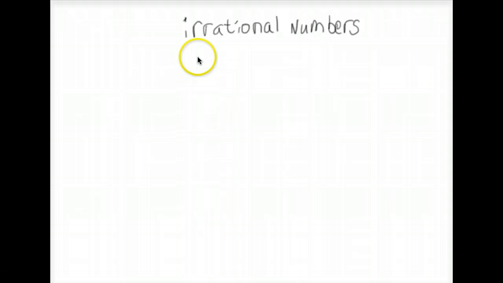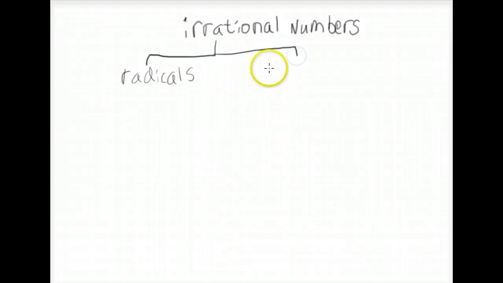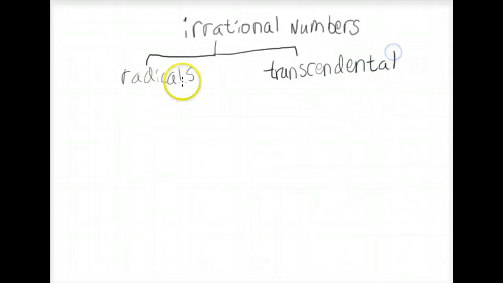There are two main types of irrational numbers, and those are what we call radicals and transcendental numbers. Radicals I kind of talked about before.